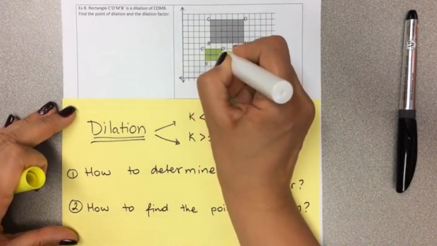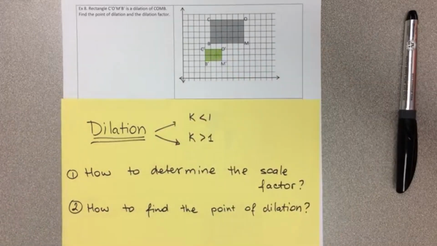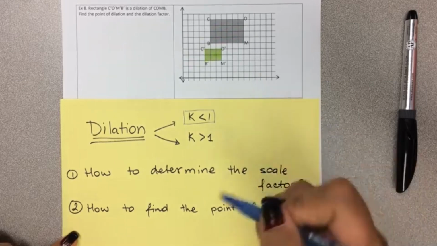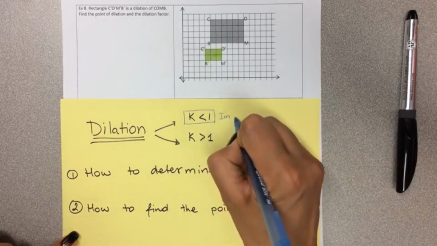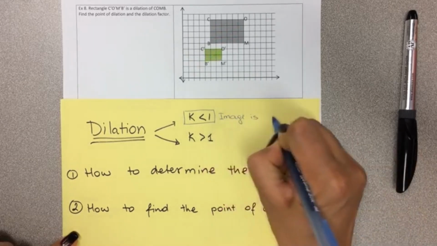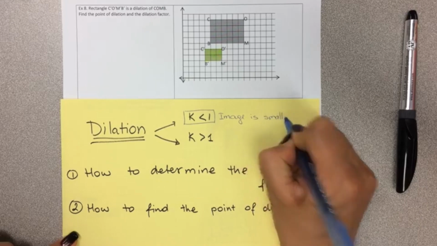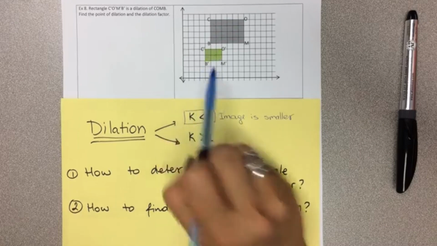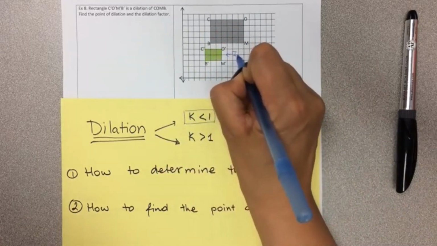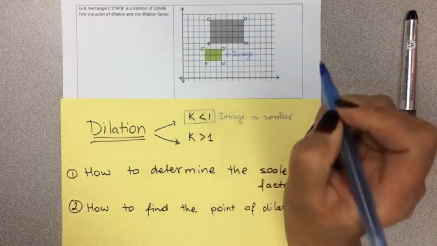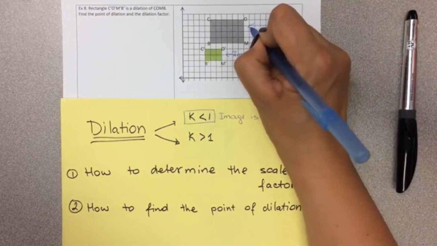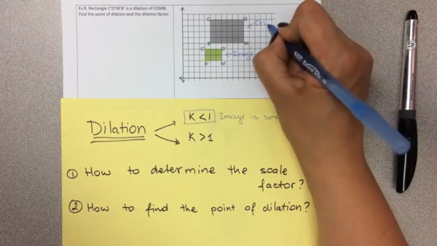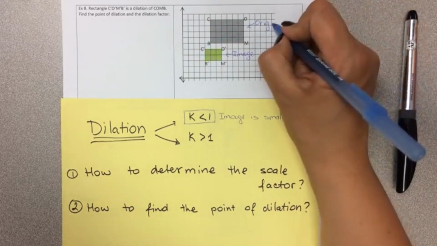So if the image is smaller, the scale factor has to be less than 1. The actual image after the transformation is the smaller one. The bigger rectangle is the original, or pre-image.